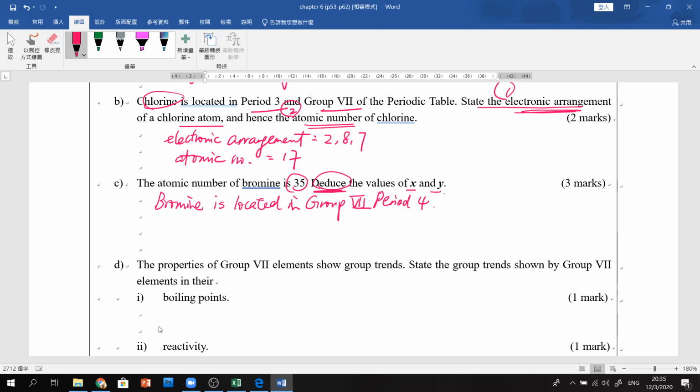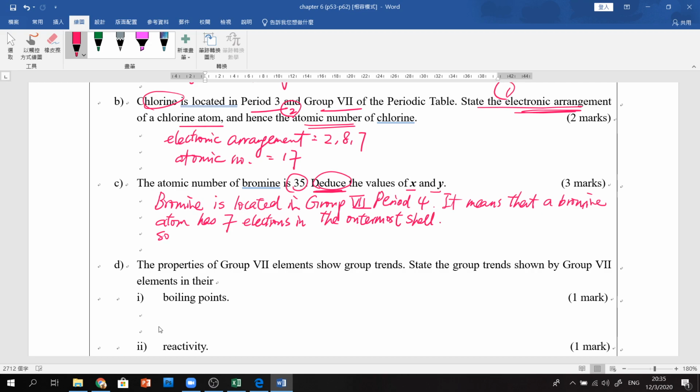So it means that a bromine atom has 7 electrons in the outermost shell.